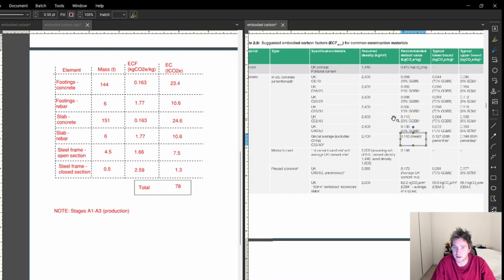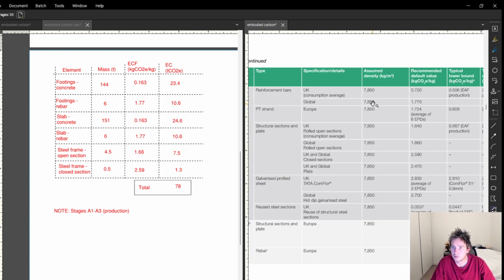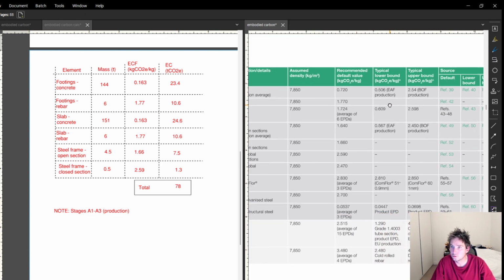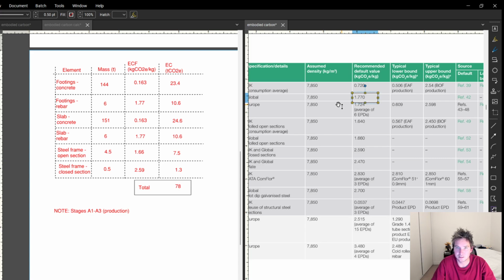Then the rebar, if I come down, reinforcement bars, global 1.77, that's that number. And then I'm just multiplying this by this to get this, and this is in tons as opposed to kilograms. It just makes the numbers a bit more palatable.